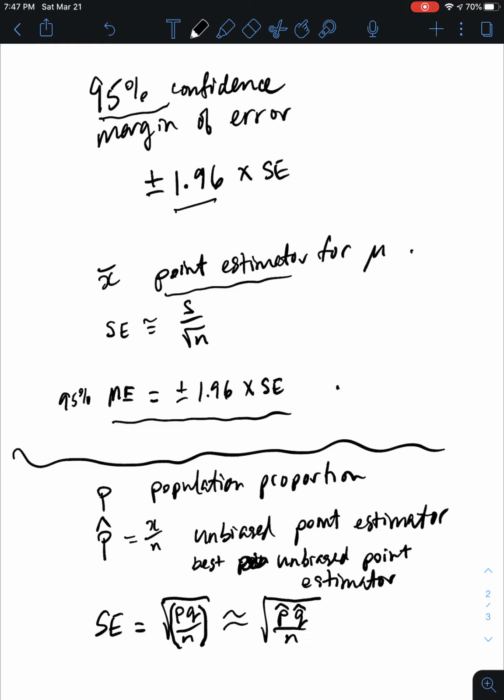So that is our approximation to the standard error, and typically in our large sample case, which if you recall is NP is greater than 5, NQ is greater than 5 is large sample for the discrete case.